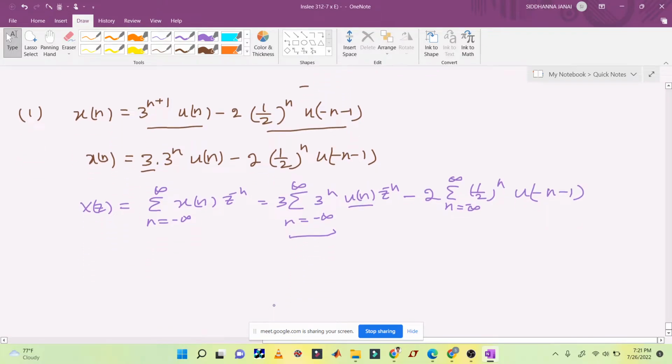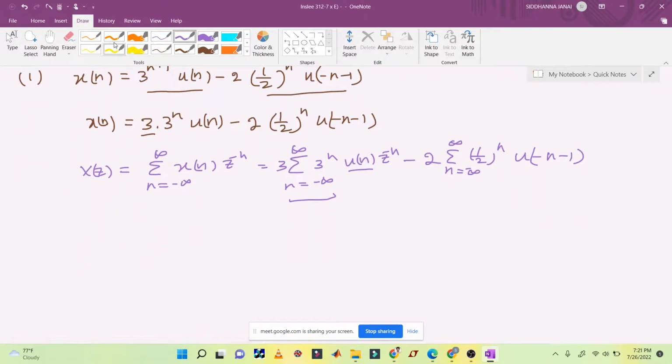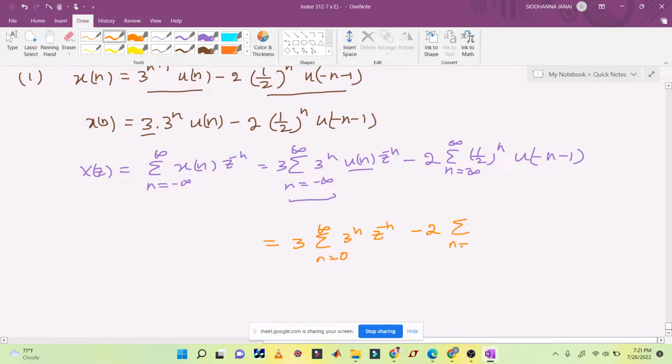So let us write that. 3 into summation n is equal to 0 to infinity 3 to the power n z to the power minus n, minus 2 summation n is equal to minus infinity to minus 1 because of this. I forgot to write z to the power minus n. So 1 by 2 to the power n z to the power minus n is our equation now.